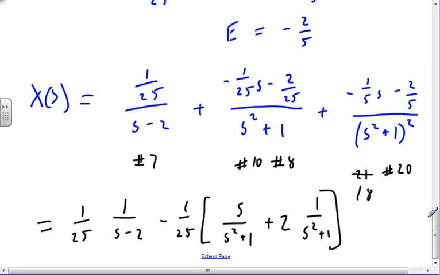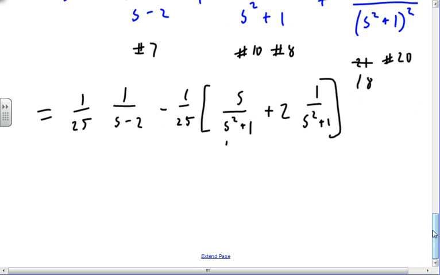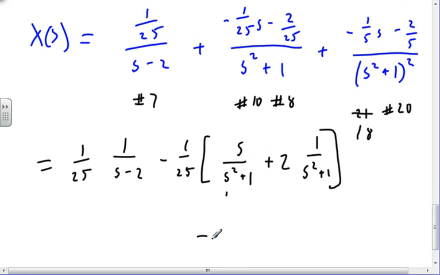So 18 requires a 2ks. K is 1, so I need a 2s on top. If I take out a minus 1/10, I can have a 2s there, over s squared plus 1 squared.